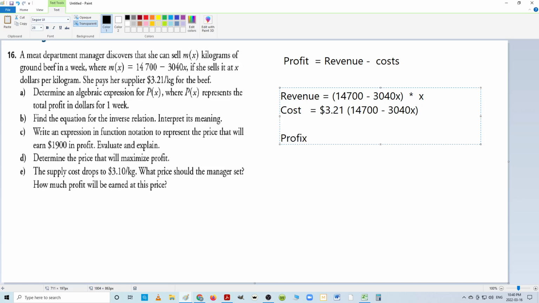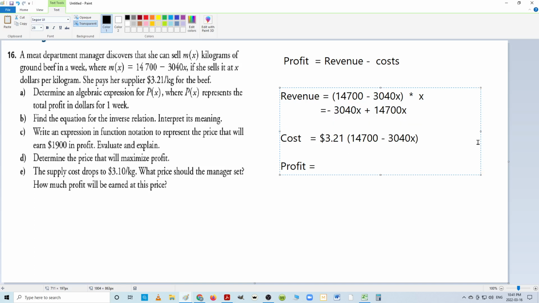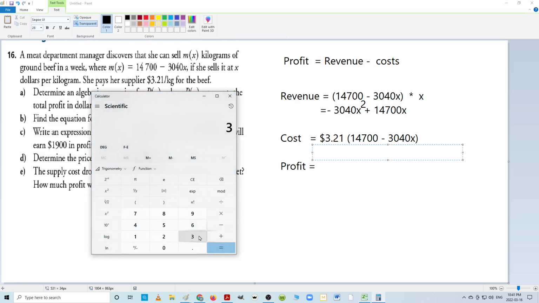profit is going to be, and we should expand this one first. So if we expand it, it's 14,700x minus 3040x squared, or put in the other order, like this. And don't forget the squared. And this one here, when I multiply the 321 times 14,700, I'm just going to add that to that.